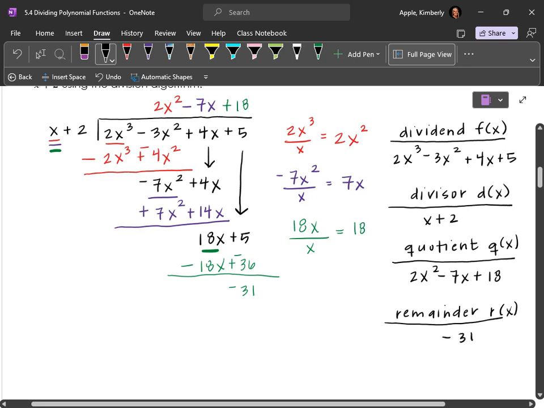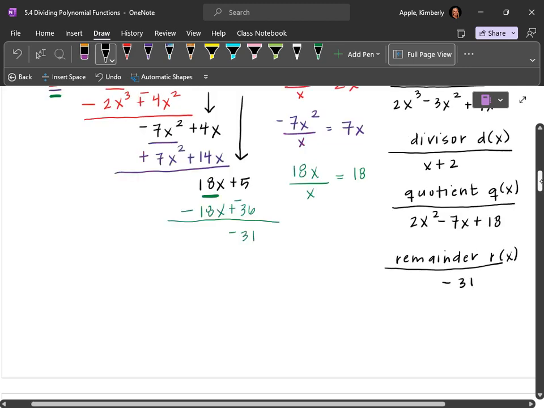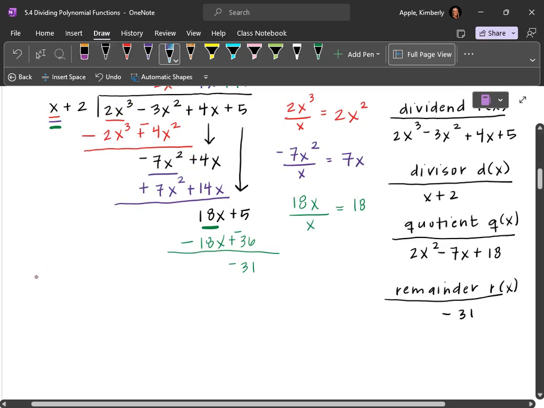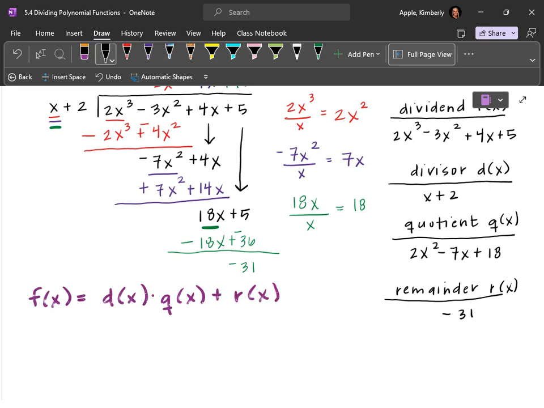And so remember above where I wrote the format of the answer when we write this as a sum of parts is actually going to be f of x equals the divisor d of x times the quotient q of x plus the remainder r of x. And so if you can identify all of these pieces, then this part isn't really difficult.